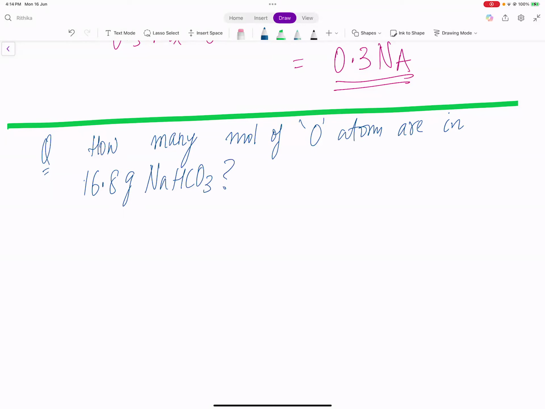Then the next thing is, how many O atoms? See, these are two parts. First, we are asking moles, and then we are asking this. And the molar masses are given like this.